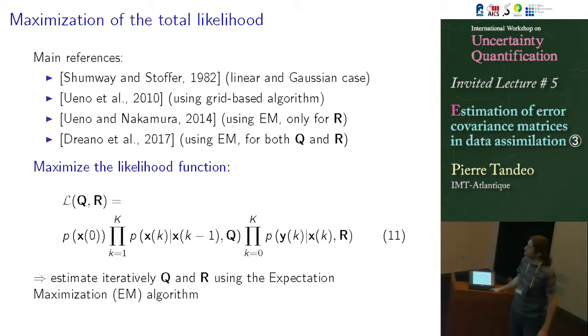You can also use, for instance, a grid-based algorithm. You choose different values of Q and R, and you launch the computation of the likelihood for these different points, and you evaluate what is the best parametrization, based on the likelihood criterion.